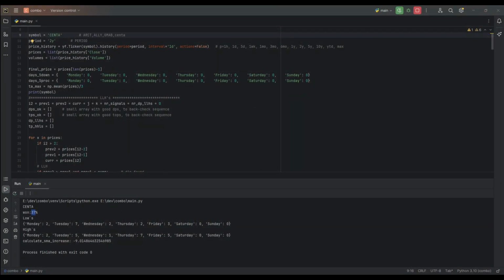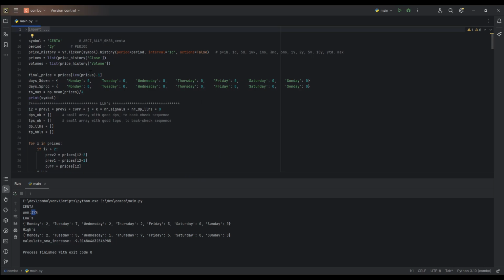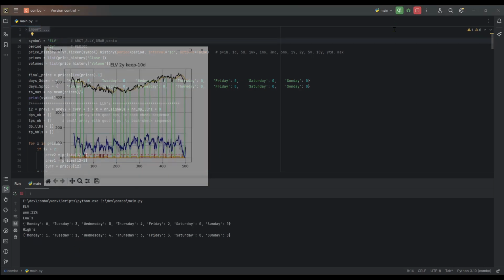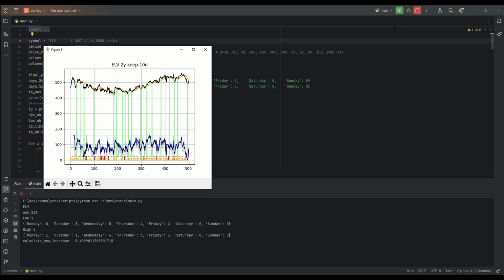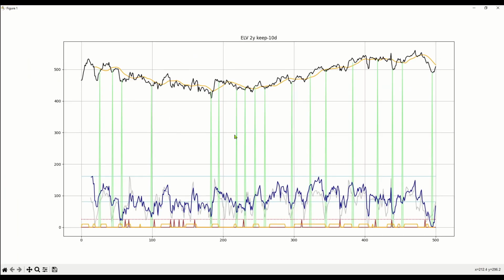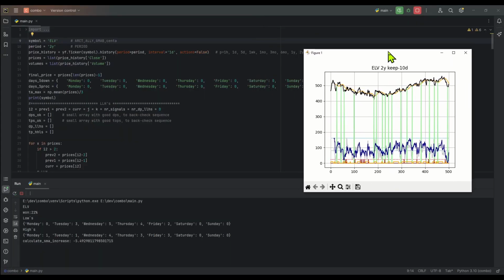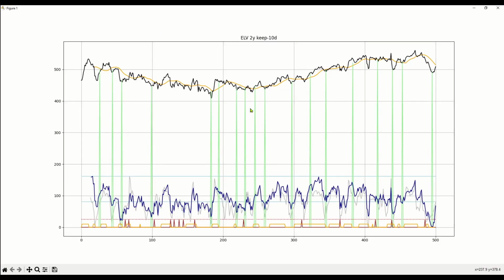Anyway, this is one I already bought, so I don't want to go into that for that long either. So let's do another new one. I have like six new ones to go. What does the 22% mean?